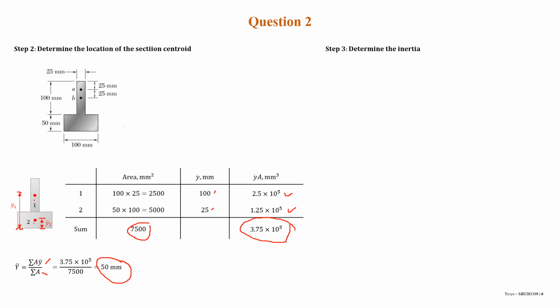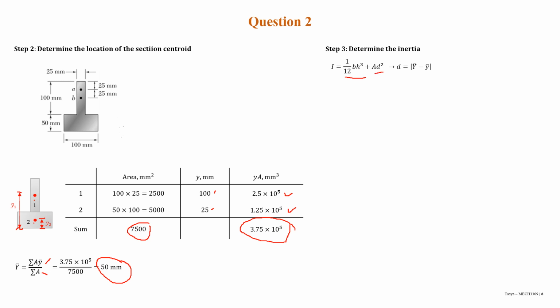And the next step, we have to determine the inertia. The same as the previous step, since we have two different shapes, we need to find those inertias. The formula of inertia for the shape is 1 over 12 bh to the power of 3 plus A d squared.